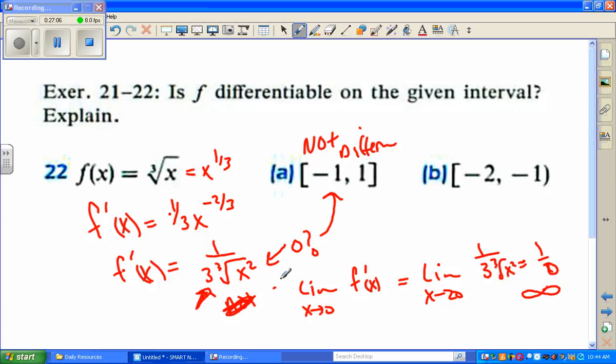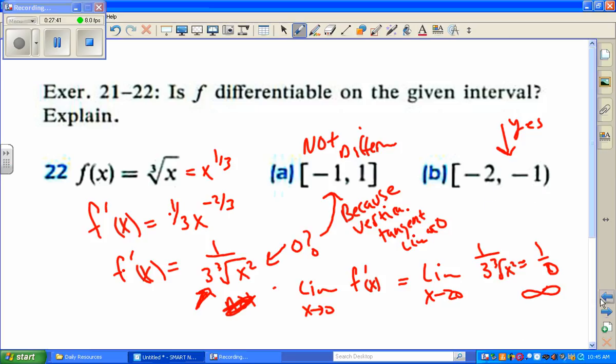And the answer is no, because of the x squared. So it's not differentiable because there's a vertical tangent line at 0. Now on this one, I would say yes, it is. You can take the cube root of any number between -2 and -1 and square it and come out with a derivative. And that's in the original function, so you should be all right.